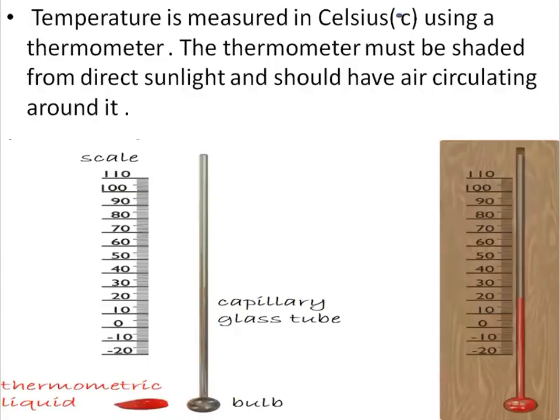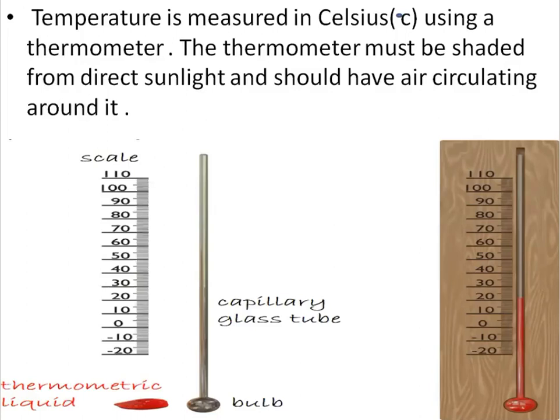And the mode of measurement is thermometer. The centigrade and Fahrenheit are the two commonly used scales for measuring temperature. And the thermometer named fixed maximum and minimum thermometer is used for measuring the maximum and minimum temperature.